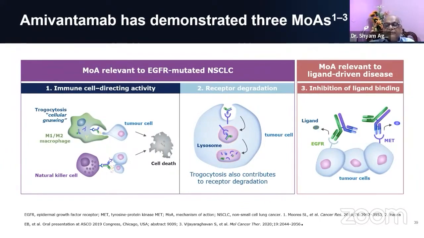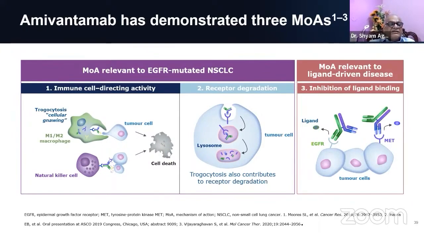So this is quite simple here: if a tumor has the EGFR mutation, the drug will bind here to the tumor cell, or if the patient has MET alteration in the form of mutation or amplification, the MET antibody will bind here and look after the tumor.